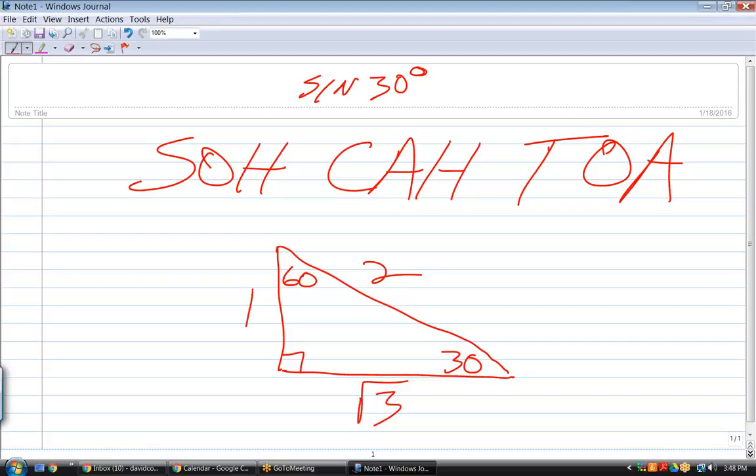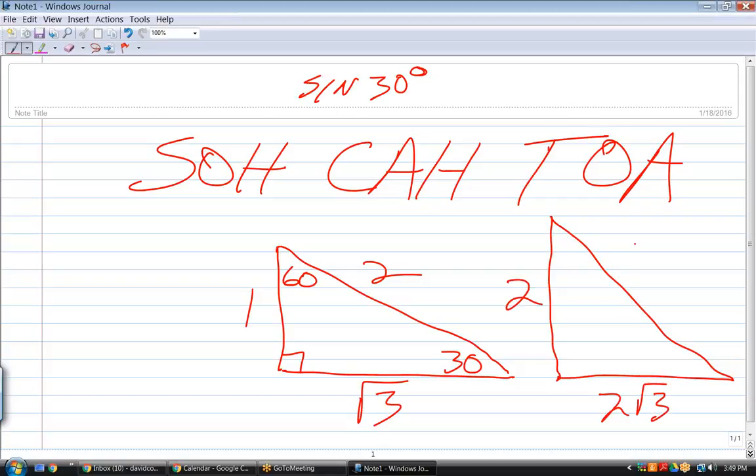Well, if I make a similar triangle, only bigger, so that this is 2 root 3, this is 2, and this is 4. Are you with me? They're both similar. They don't look it, but only because I ran out of room.